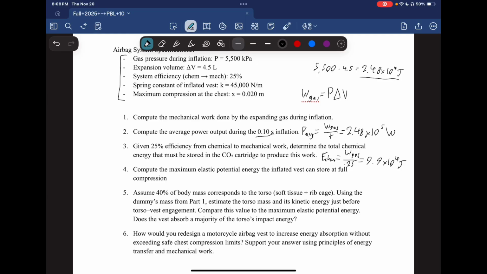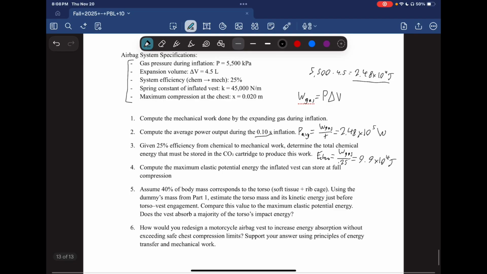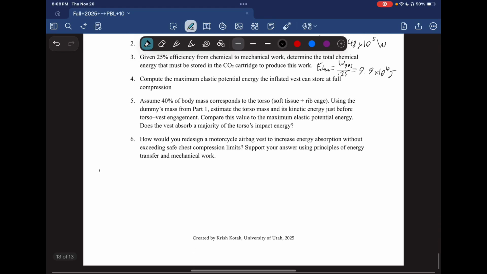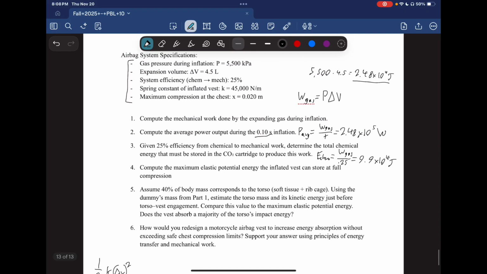Question 4 asks us to calculate maximum elastic potential energy the vest can store at full compression. Equation for maximum elastic potential energy is given by 1/2 the spring constant, K, times the compression distance, which we'll call delta X squared.